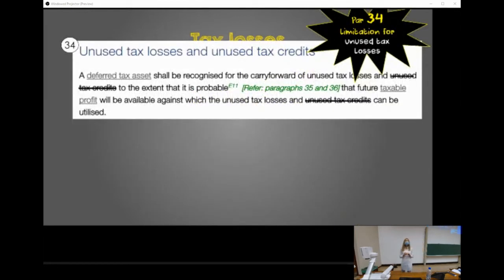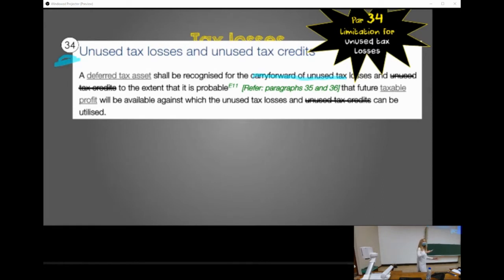Now we have the same limitation for my unused tax losses in paragraph 34. So paragraph 34 looks very similar to what we had in paragraph 24 for the limitation on this deferred tax asset. Okay. So what does paragraph 34 say? It says a deferred tax asset shall be recognized for the carry forward of unused tax losses.